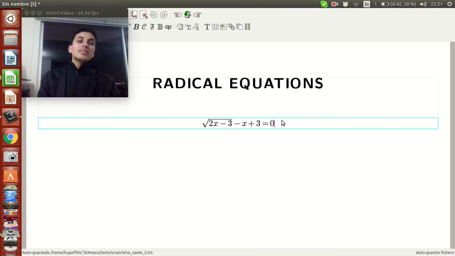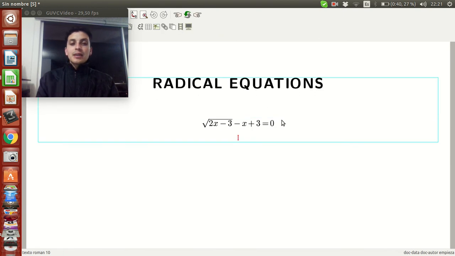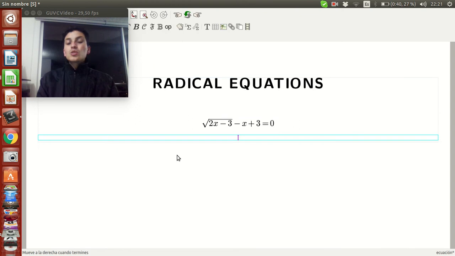So let's go. This is the radical equation. The first step that I recommend is to solve the equation for the radical expression.